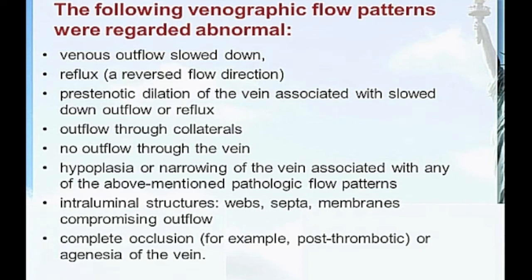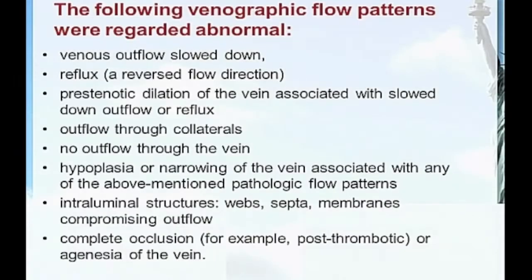We decided that pathologic venographic findings should be as follows. Any of these findings should be regarded as pathologic. Venous outflow slowed down, which means that the injected contrast stayed in the vein for at least one cardiac cycle.